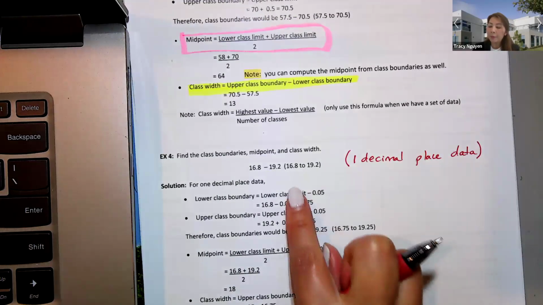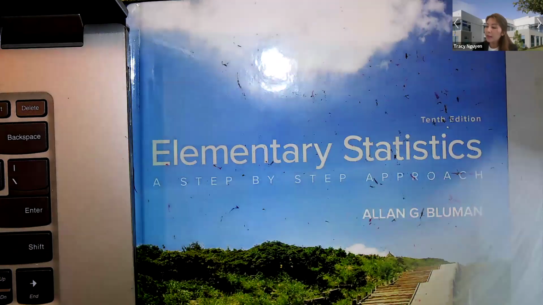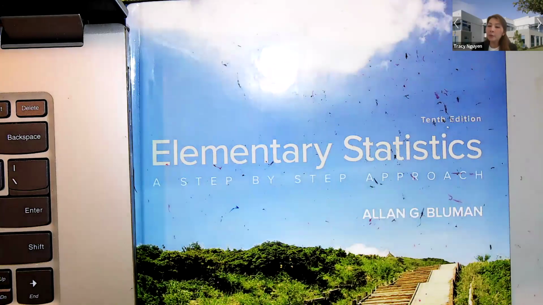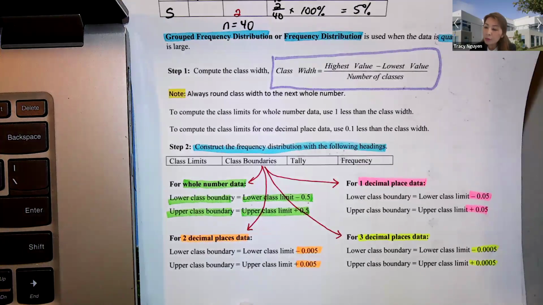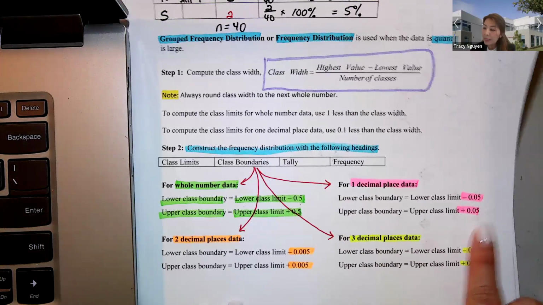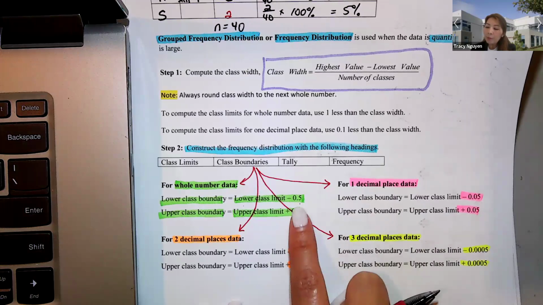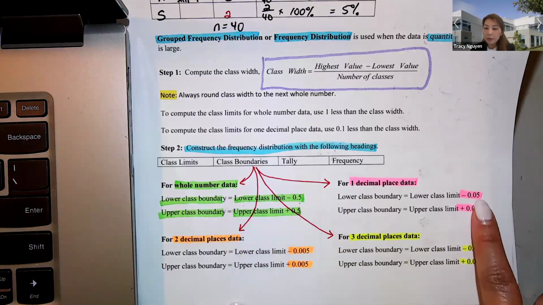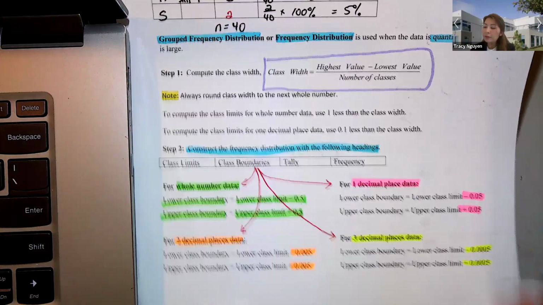Okay, so for one decimal place data, you will get a homework question asking you to find the class boundary. And remember, I said this, how to find class boundaries for one decimal place data. Instead of doing it by 0.5 as in whole numbers, in one decimal place data we're going to do it by 0.05.